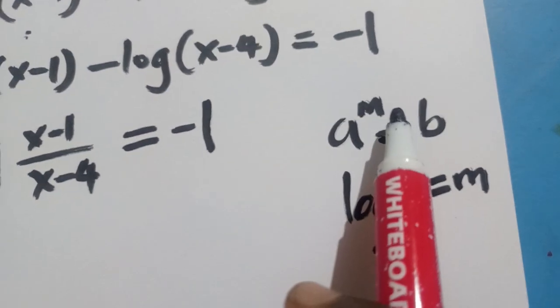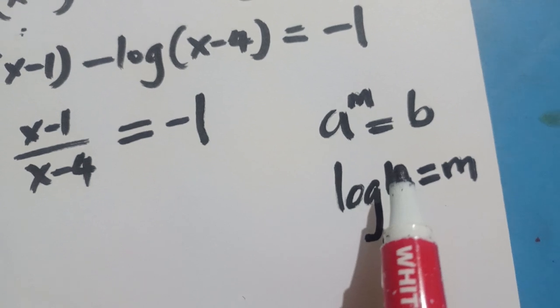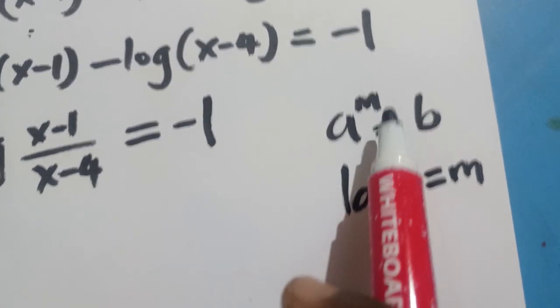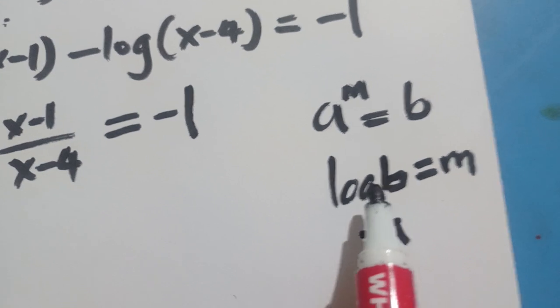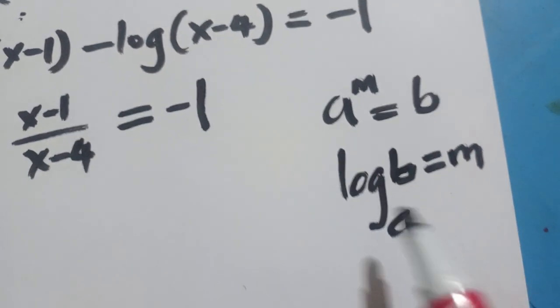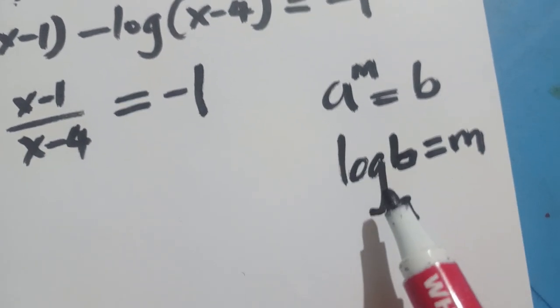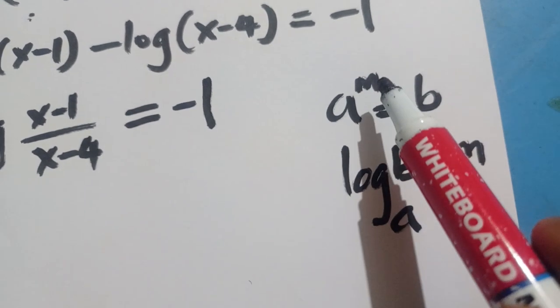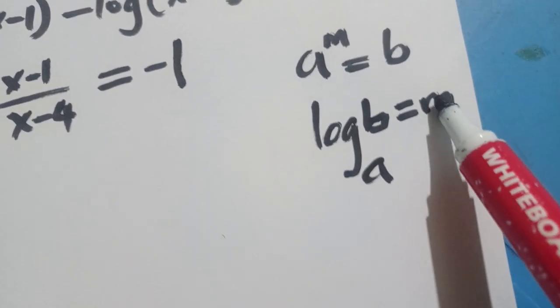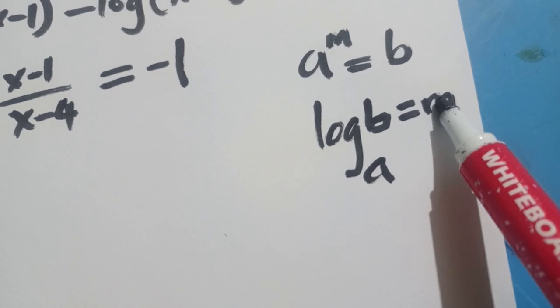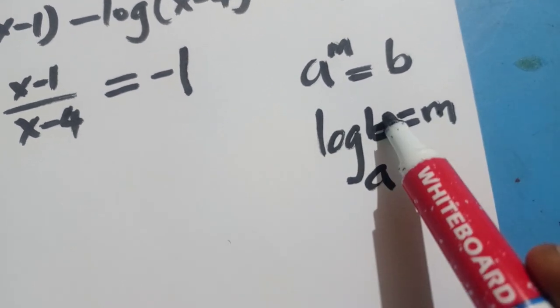And you can move from one to the other interchangeably, from index notation to logarithmic notation and from logarithmic notation back to index notation. To move back to index notation, we take this a, which is the base, raised to m is equal to b.